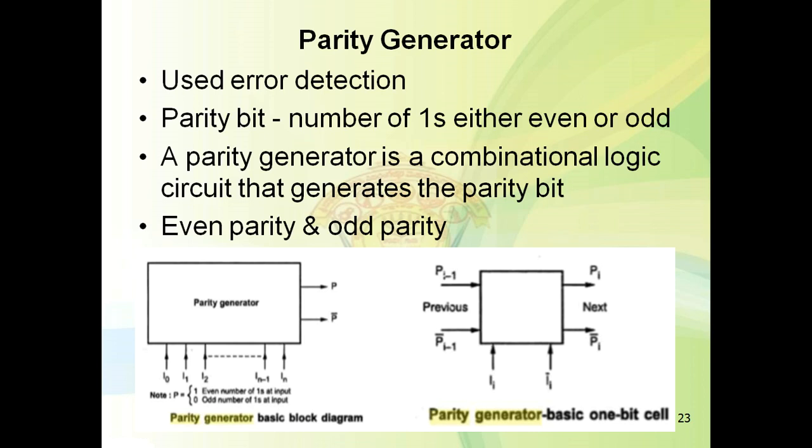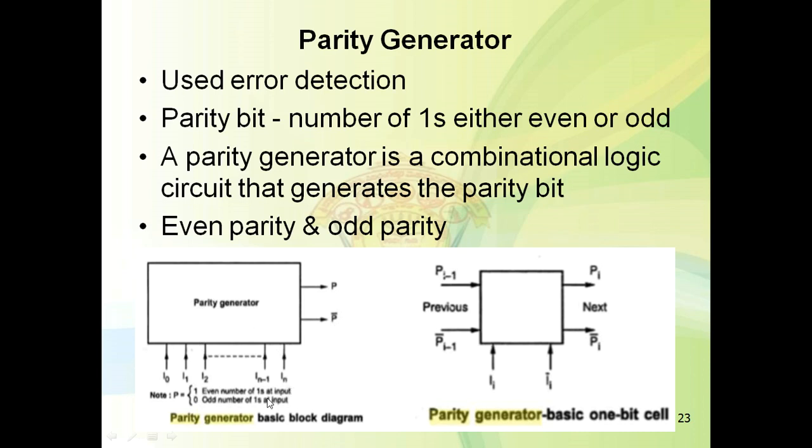A parity generator is a combinational circuit. We require the parity generator circuit. A parity generator is a combinational logic circuit that generates the parity. We know that there are two parities, even parity and odd parity. If the number of ones is even, then the parity bit will be set, that will be 1, and if the number of ones is odd, then the odd parity will be there, that will be p bar. Here you can see the general block diagram of the parity generator.